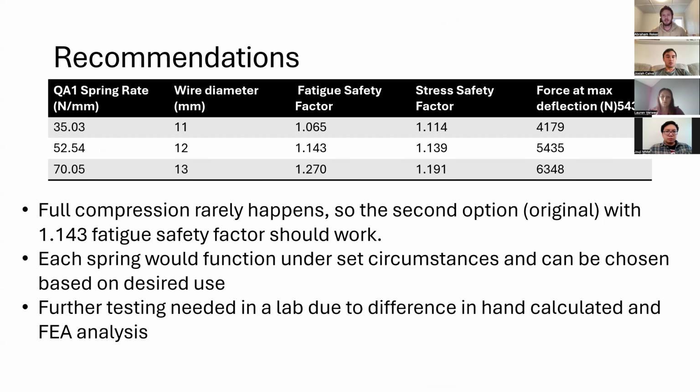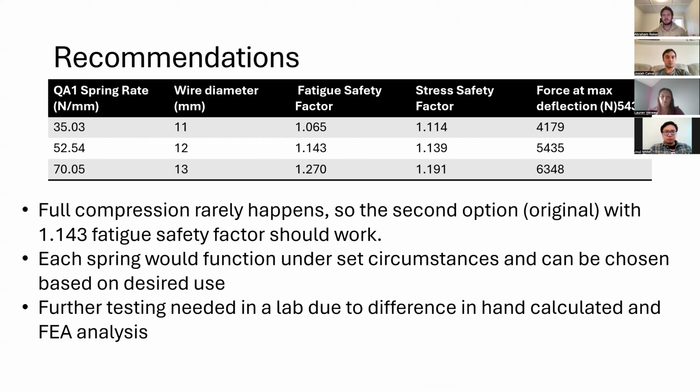So to summarize here, we're looking at the safety factors, the fatigue safety factor. The fatigue safety factor is telling you if the spring is going to break or not. And since all of these are above 1.0, we can assume that these three springs that we calculated would all function properly and they would not break.